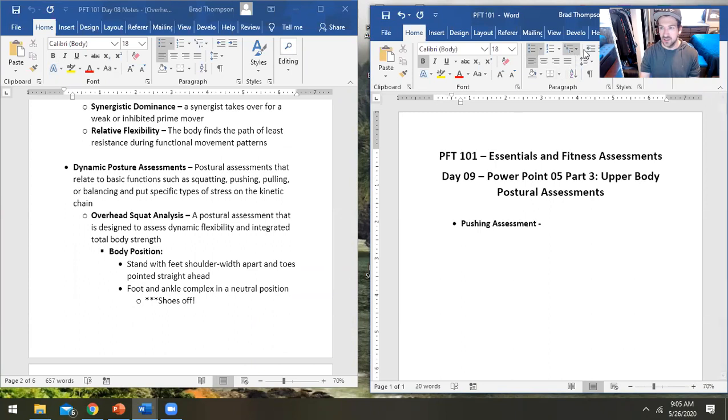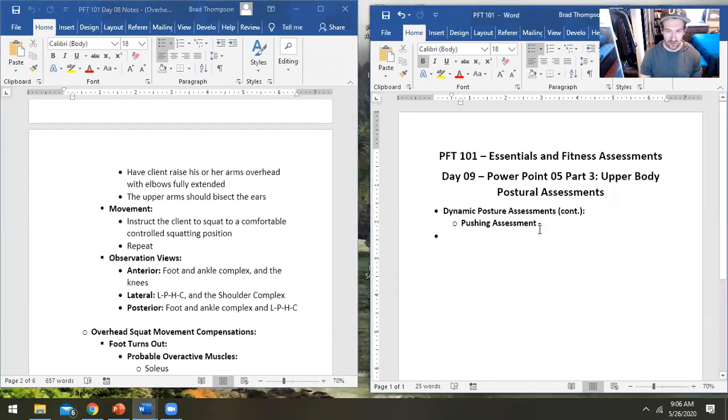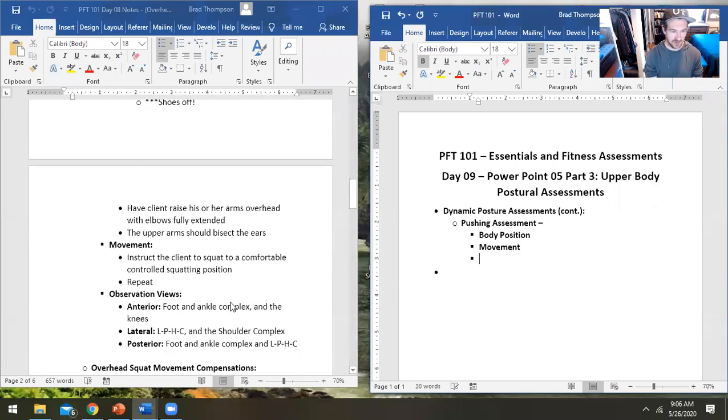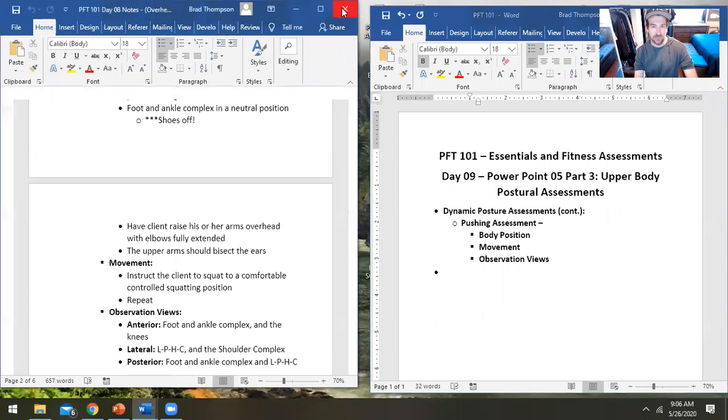Because I can't automatically indent, I guess we'll put a renote here. Body position. Got it. Cool.